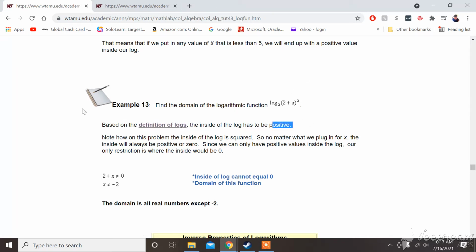Note how on this problem the inside of the log is squared, so no matter what we plug in for x, the inside will always be positive or 0. Since we only have positive values inside the log, our only restriction is where the inside would be 0.